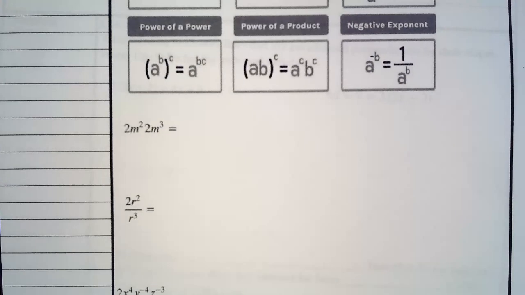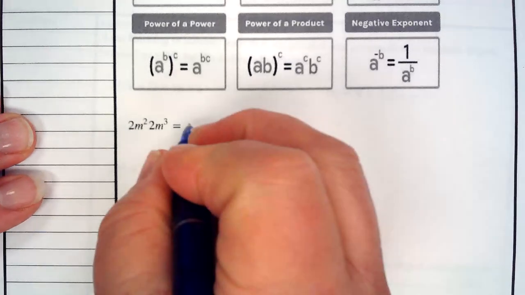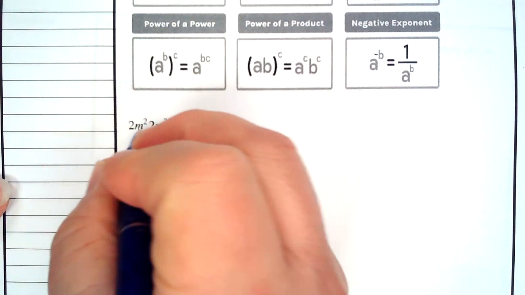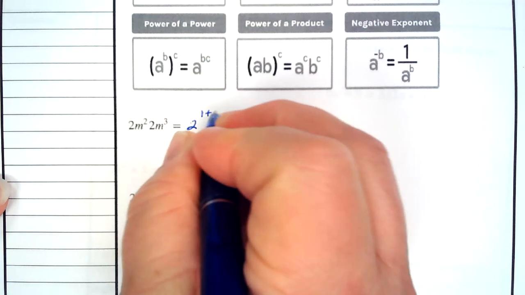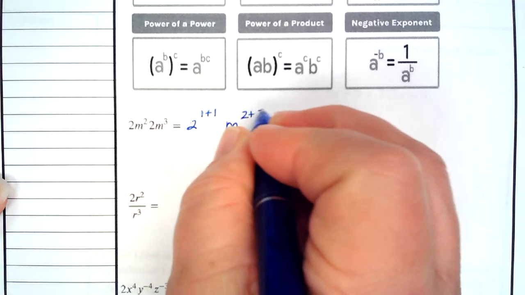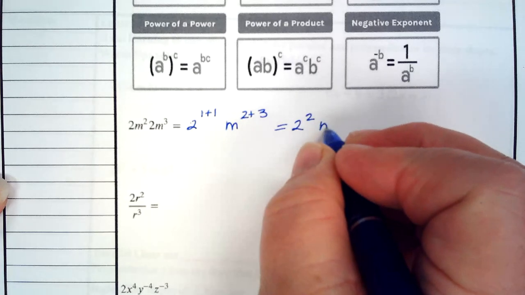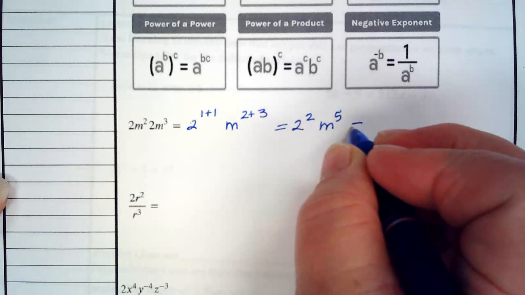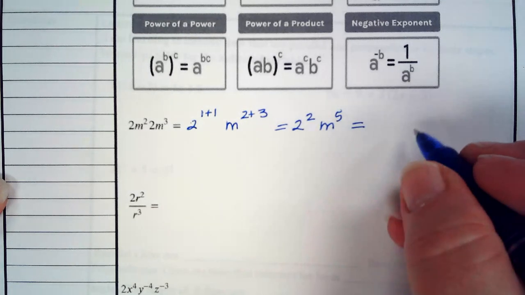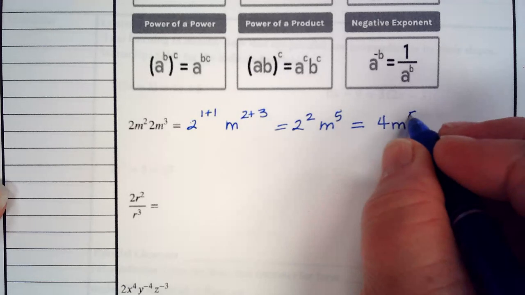So as we're looking at this, it is multiplication. So this is 2 to the 1 plus 1 power, m to the 2 plus 3 power. That gives us 2 squared, m to the fifth. I could take it one step further. 2 squared is 4, m to the fifth.